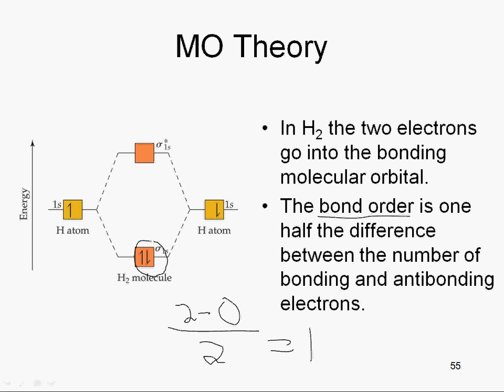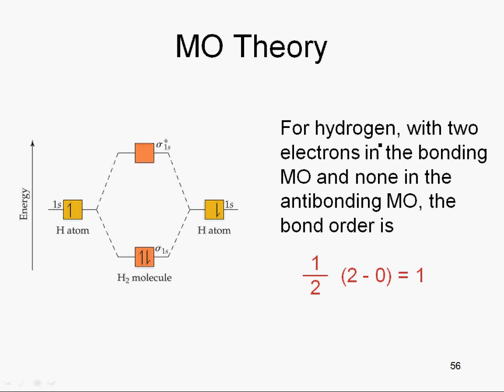Well, let's look at this in a different setting. But before we do, here's the calculation of bond order. It's the bonding electrons minus the anti-bonding electrons divided by 2, and that equals a bond order of 1.